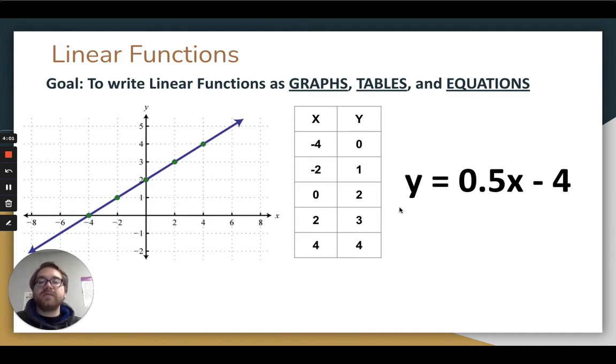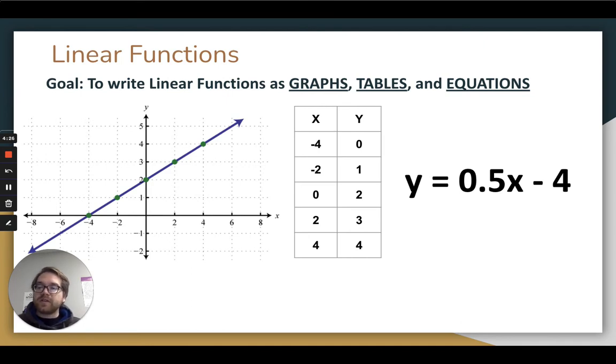But we want to also be able to write these functions as equations, like what you're seeing here with this y equals 0.5x minus 4. And we want to be able to go in between the three of these as well. I want to be able to take an equation, write it as the table, and write it as a graph. And I want to be able to take the graph and write it as a table and write it as the equation. All right, so I want to be able to go in between the three of those.